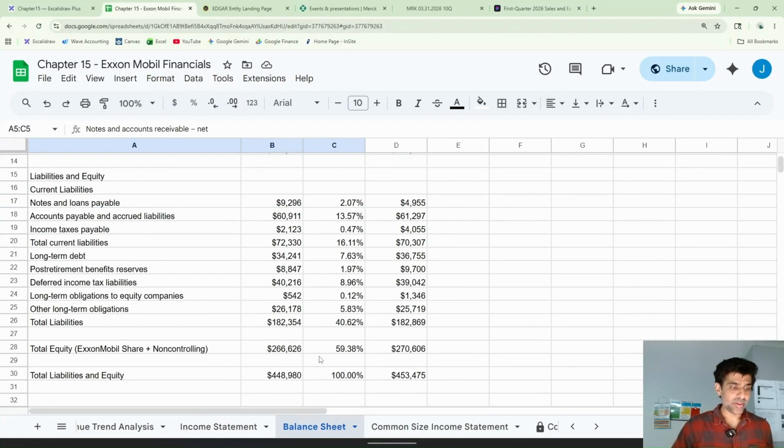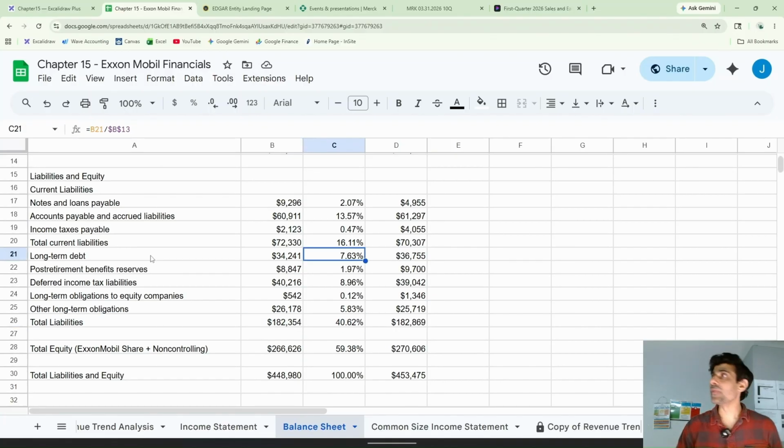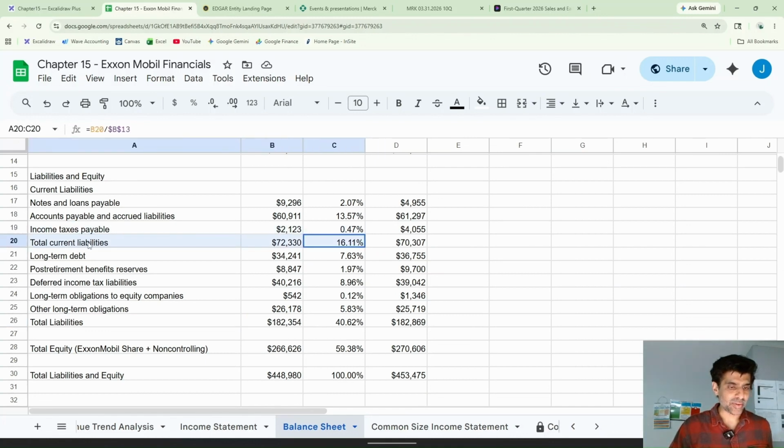One big piece of information here is this and this. You can see how they're financed. It's kind of like a 60-40 split. Interestingly, the reason maybe they didn't have a lot of interest expense is that most of this liability is current. These are probably trade payables, so they're not interest bearing.